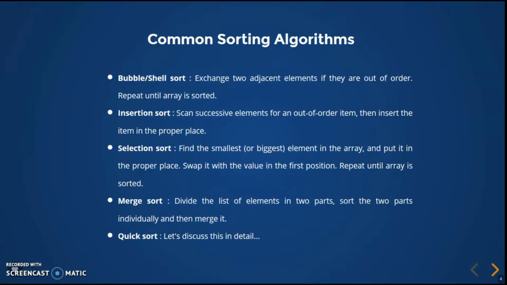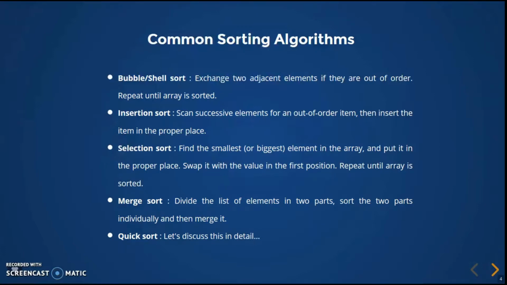So let's discuss what are the common sorting algorithms we have read so far. First, bubble and shell sort: just exchange two adjacent elements if they are out of order and repeat until the array is sorted. Then second is insertion sort. It scans successive elements for an out of order item, then inserts the item in the proper place.